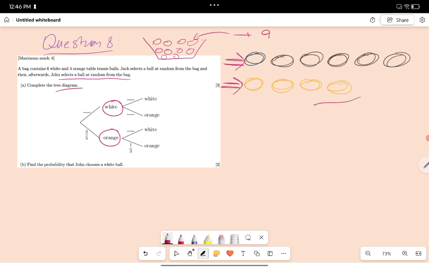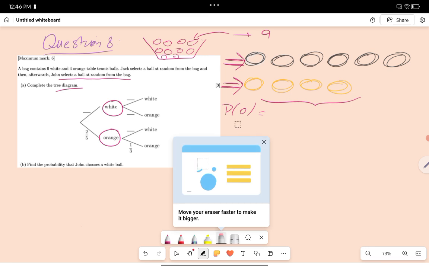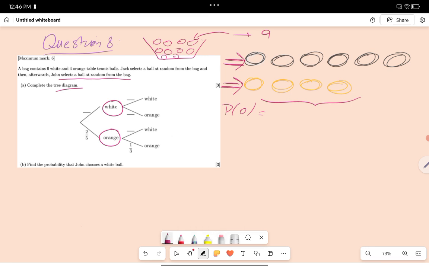Well, we have 10 balls in total. So the probability of orange is over 10. Let me just rewrite that. Like that. So we have 10 balls in total. How many of them are orange? 4. So 4 out of 10 are orange.